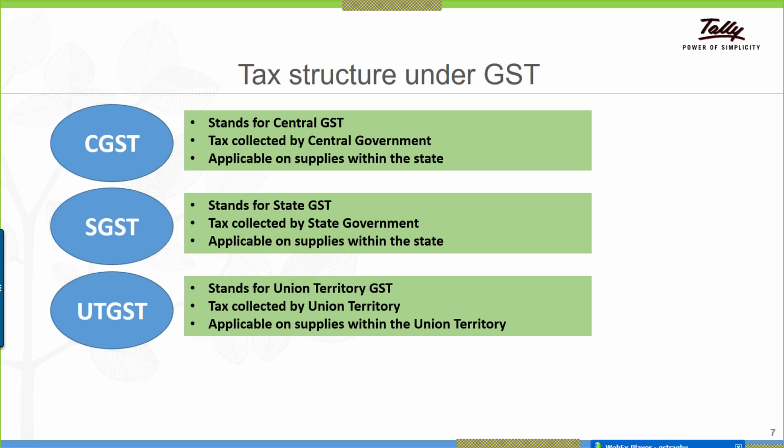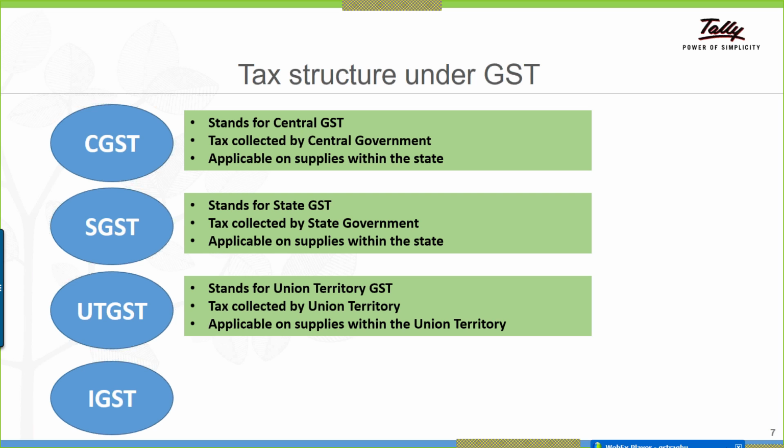For the rest, if the transactions happen within, assume that in Chandigarh you buy from Chandigarh and sell in Chandigarh, then you need to charge UTGST and CGST, not SGST. Only Delhi and Puducherry, as they have a legislature, can charge SGST. Apart from that, the remaining 5 have to charge UTGST.